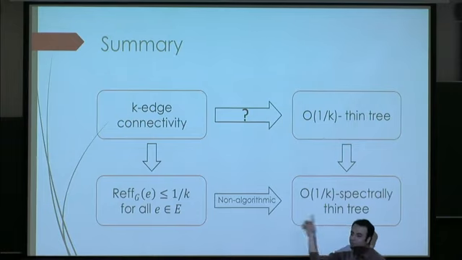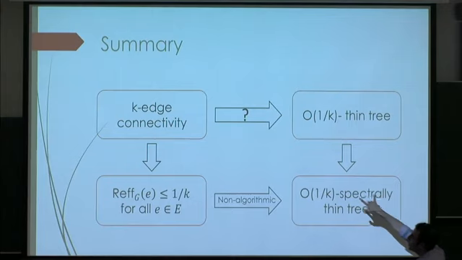Making the proof of this algorithmic again is a very interesting open problem. Even for the first version on special classes of graphs, for example, graphs that have bounded tree width, could be quite interesting. So with these 3 open problems, I'll conclude.